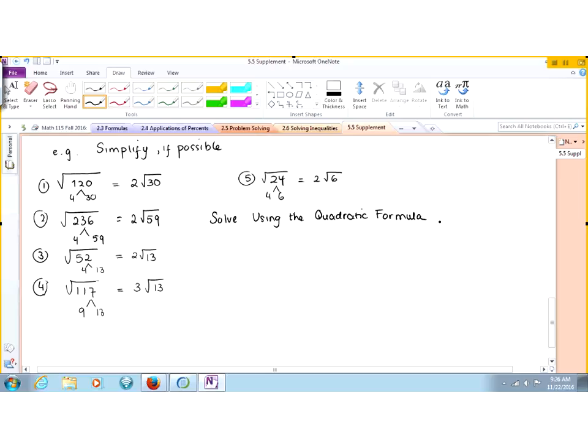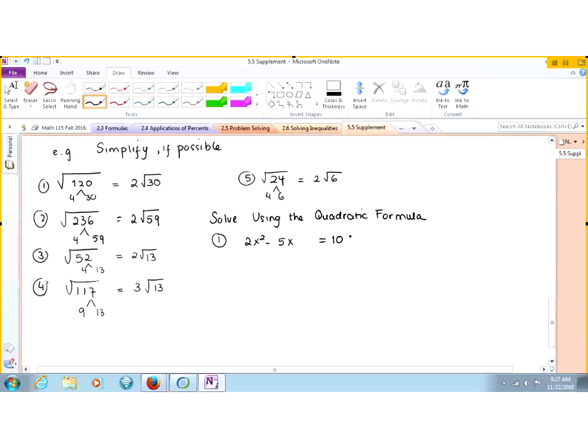All right. So how do we solve using the quadratic formula? Number 1. Let's see if we have 2x squared minus 5x is equal to 10.